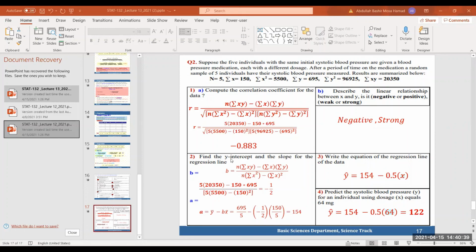So question 2, find intercept and find slope. First, to find intercept, we need to find slope. So b equals n, same, this, same. Just in calculator, try to find this, because you already will get it here. Also here, this value is the same value. 5 multiplied by 5,500 minus 150 square.